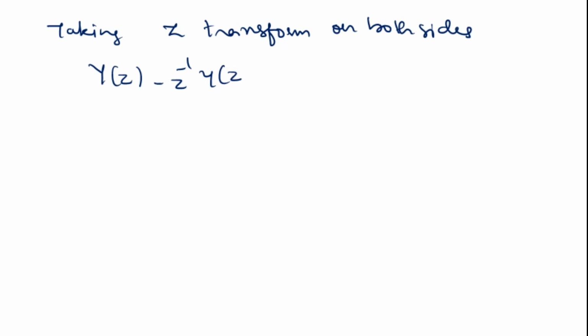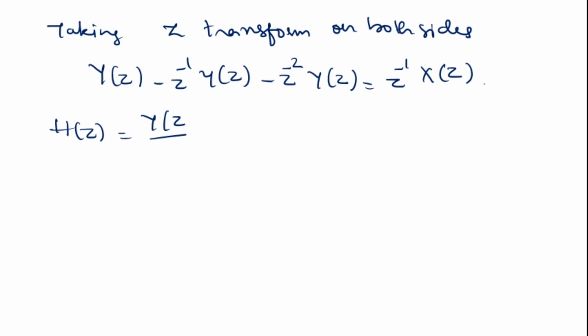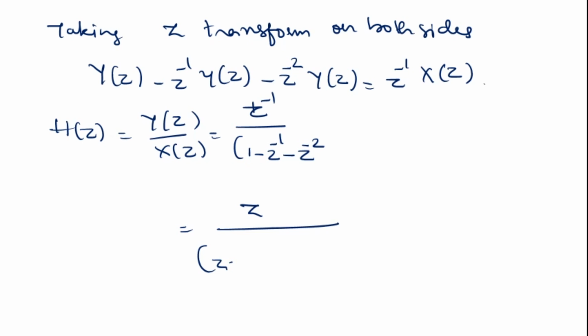Taking z transform on both sides, we get y of z minus z inverse into y of z minus z to the power minus 2 into y of z is equal to z inverse into x of z, or h of z is equal to y of z divided by x of z equal to z inverse divided by 1 minus z inverse minus z to the power minus 2, which is equal to z divided by z plus 0.62 into z minus 1.62.